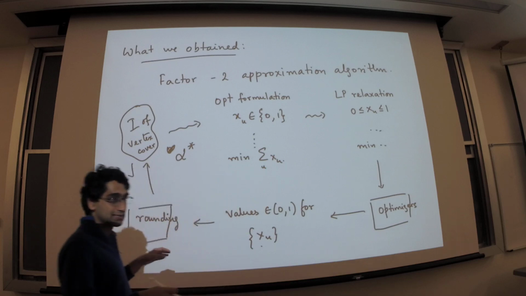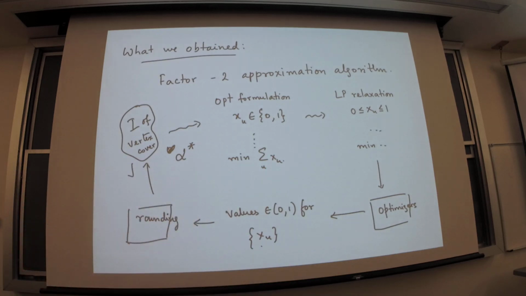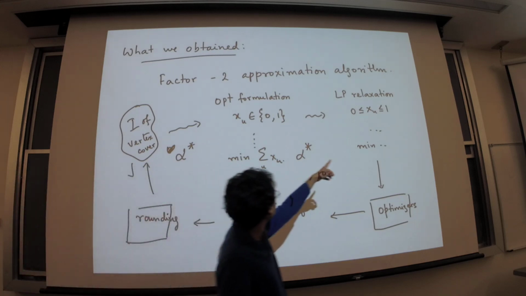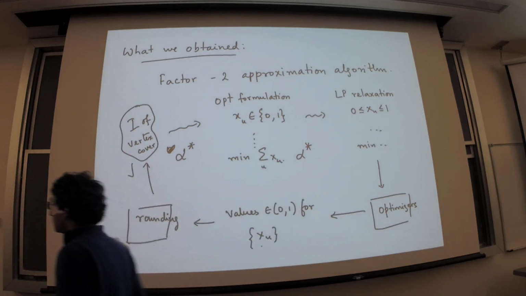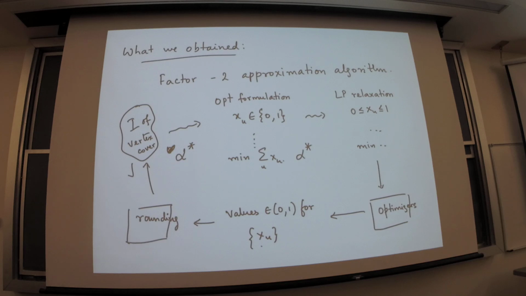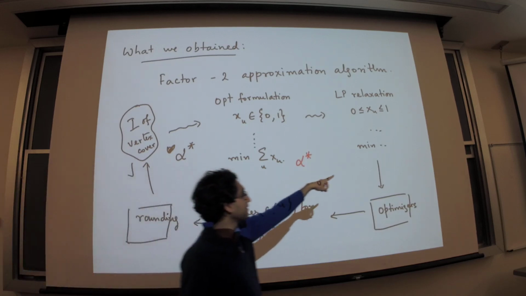It's the same because it's capturing the problem exactly. So it's also alpha star. What is the optimum objective value over here?